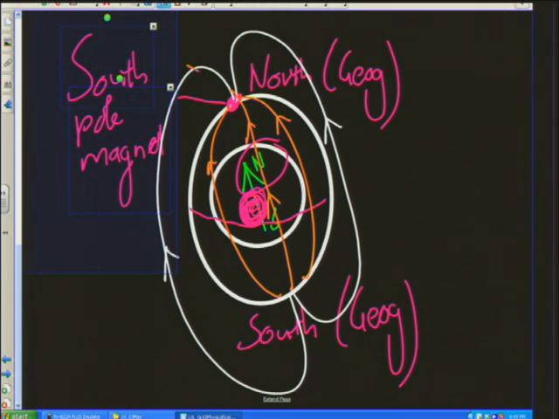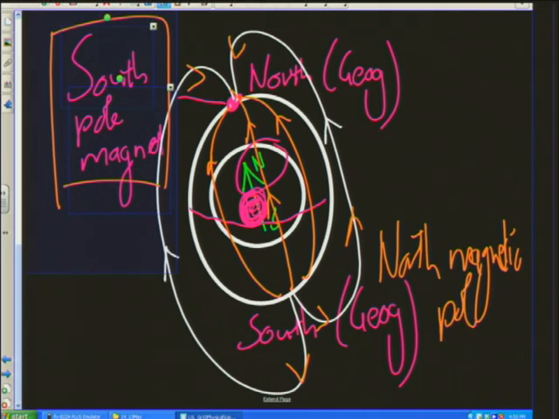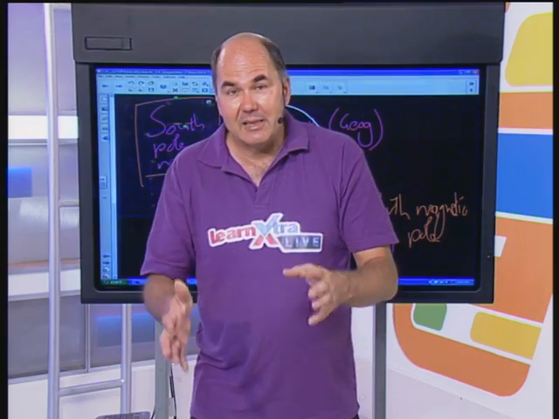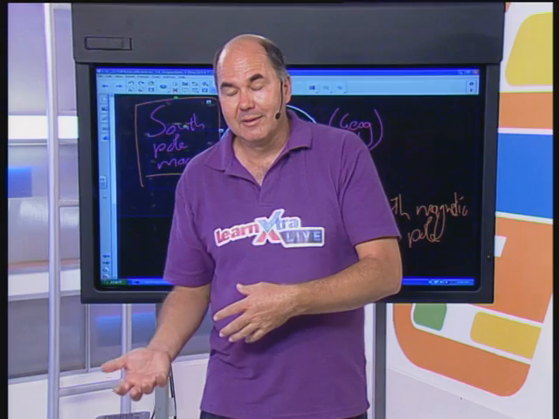If it's coming in, then this is a south magnetic pole. And this, where it's coming away from, is a north magnetic pole. So actually, the world is upside down. What you thought was north is actually south. And what you thought was south is actually north.